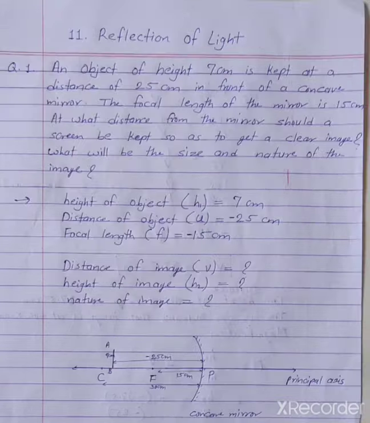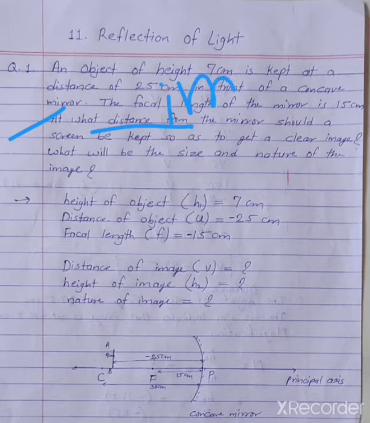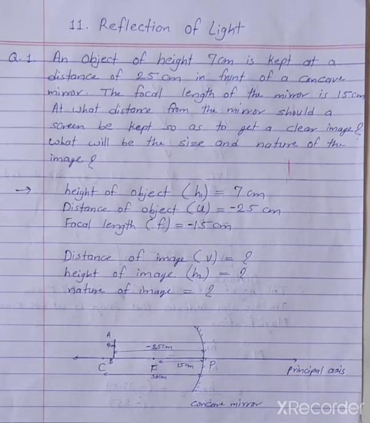In this question, 3 points are asked. The first point is, at what distance from the mirror should a screen be kept so as to get a clear image? Means here we have to find out the distance of image, which is denoted by v. The next question is, what will be the size?